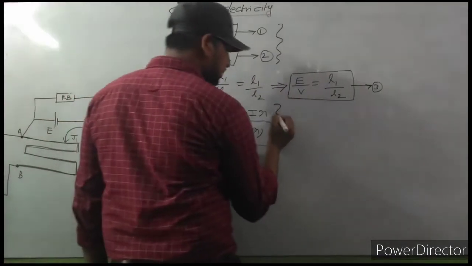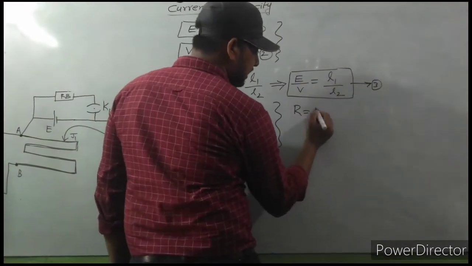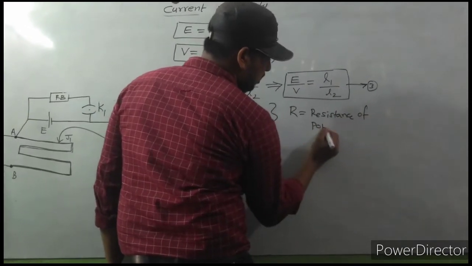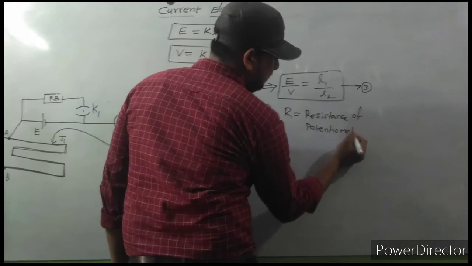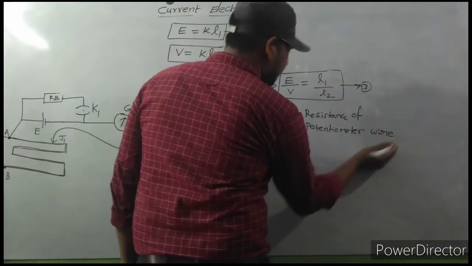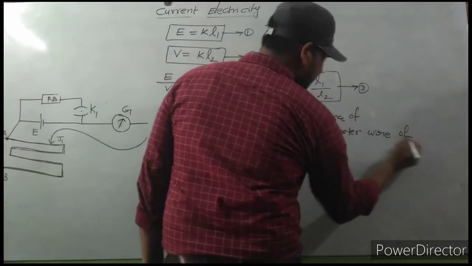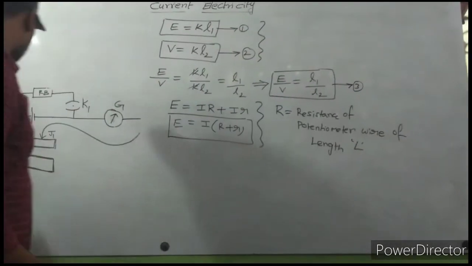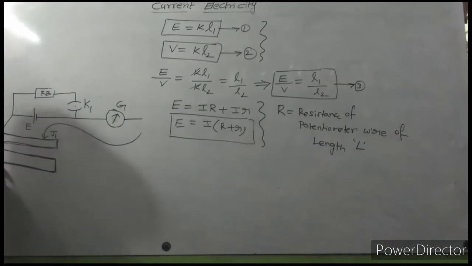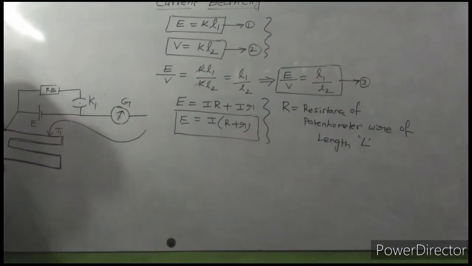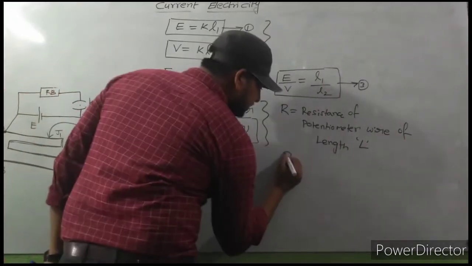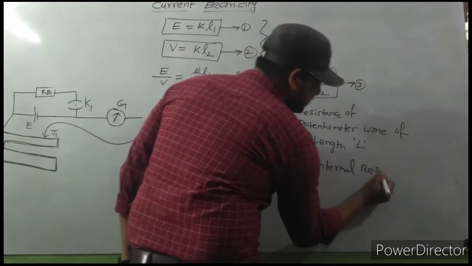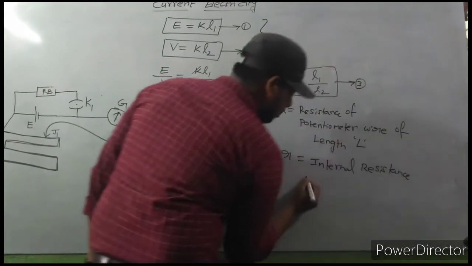So R is the resistance of the potentiometer wire of length L. Small r means internal resistance of the cell.